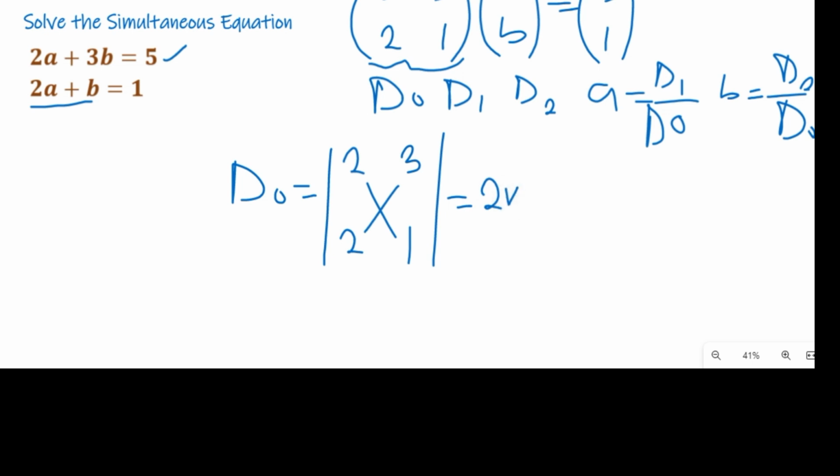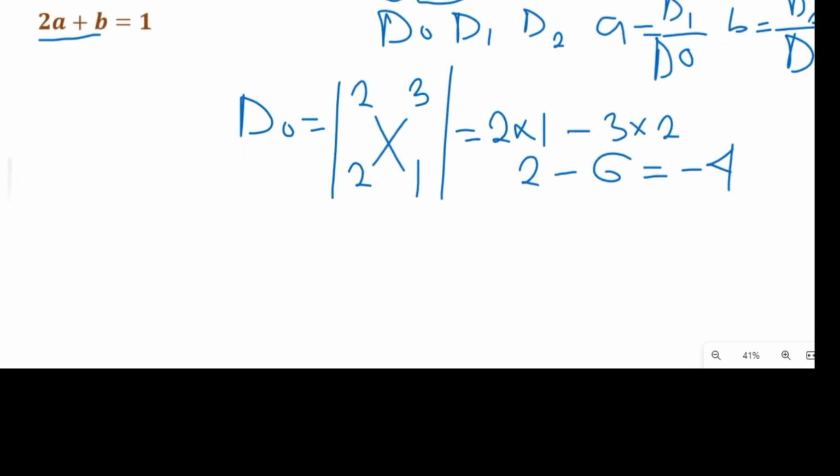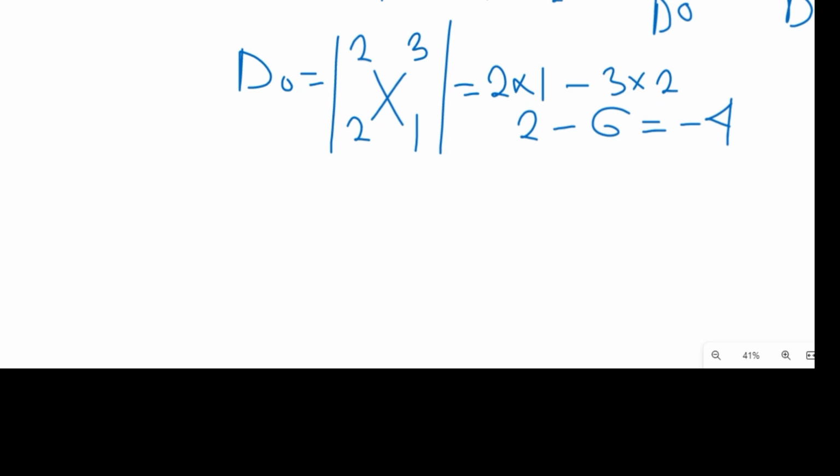And this will give us 2 minus 6, and that will be equal to minus 4. Fine. Now let's go ahead to look for the next value.